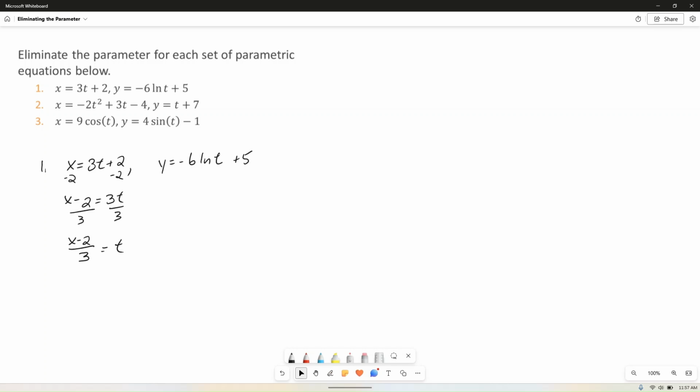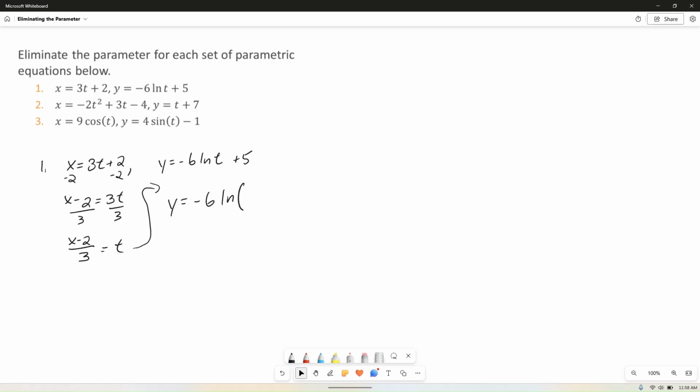I'm going to take that fraction, x minus 2, all divided by 3, and plug it into the y function for the t value. So if y is equal to negative 6 natural log of t plus 5, then my combined equation, where I've eliminated the parameter, is going to be y equals negative 6 natural log, but instead of t, I'm going to replace that t with that fraction.